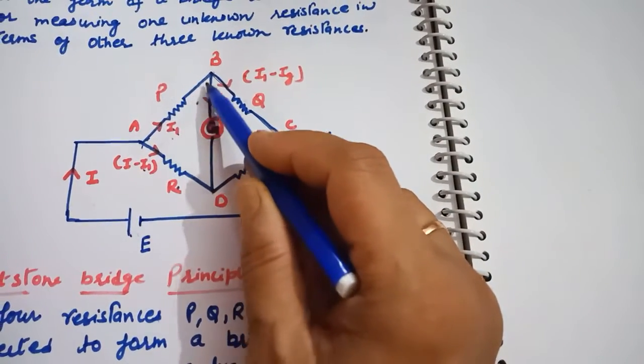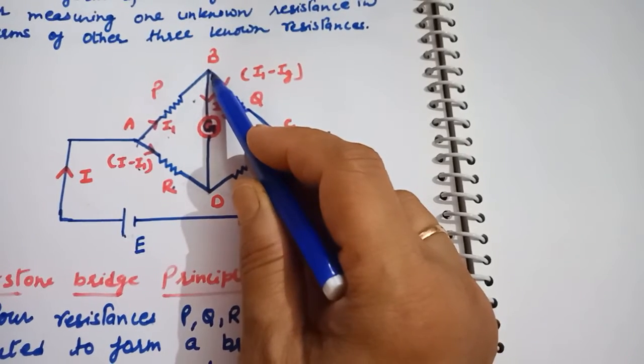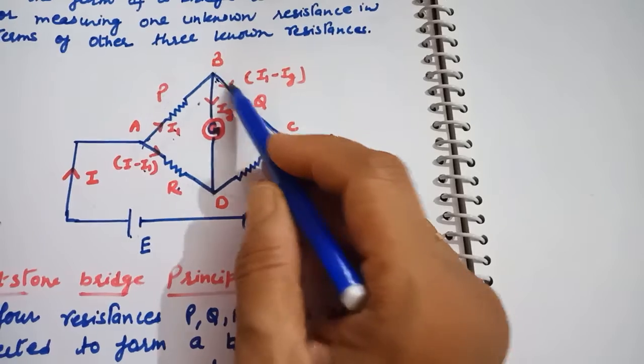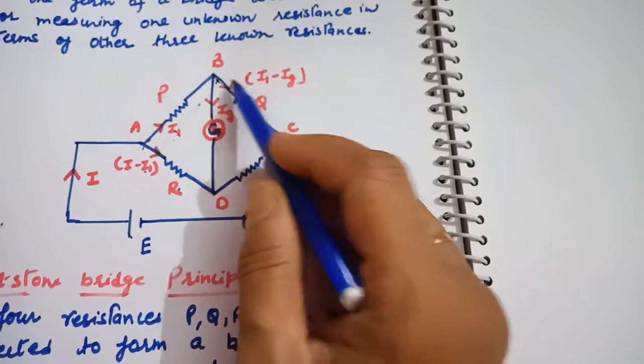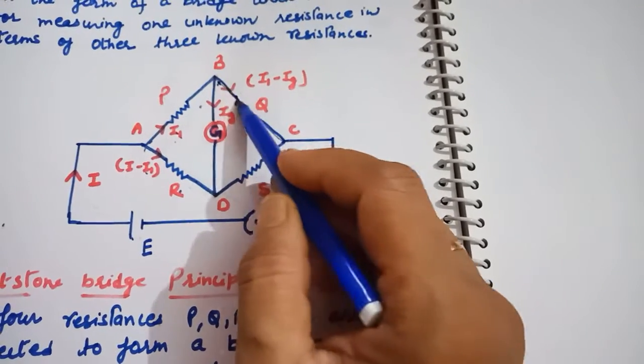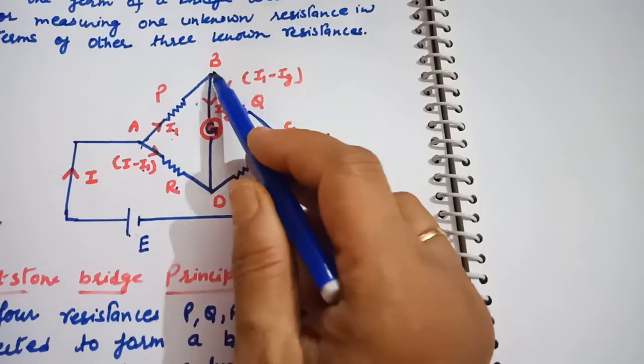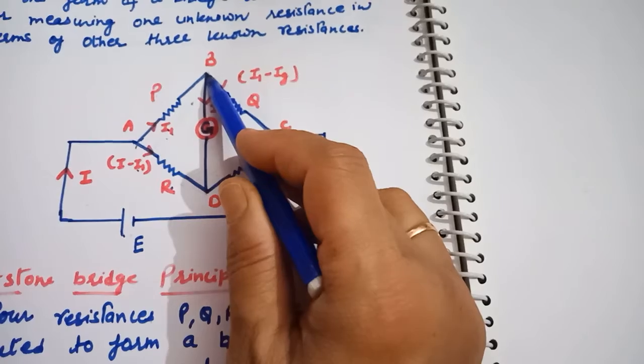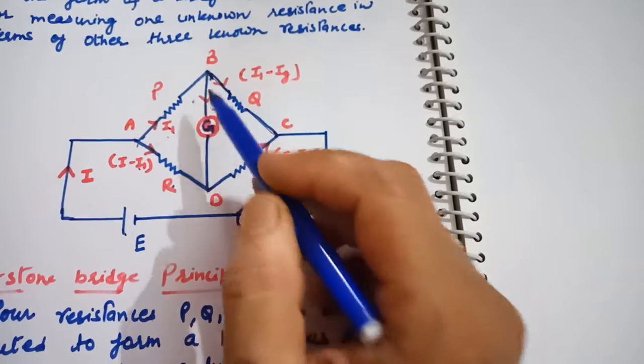Now when this current I1 reaches the point B, here I1 will get two paths, one from B to D and the other from B to C. So when I1 reaches the point B, again it is divided into two parts.